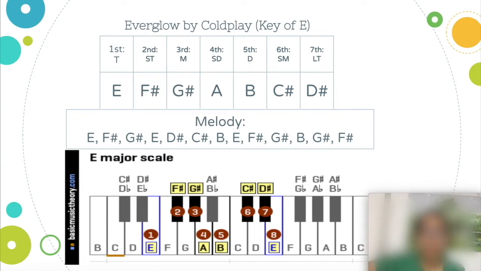And why is that? Because when I sang the melody, or when I used my piano to determine the pitches of the melody that I was singing, these are the pitches that I got: E, F sharp, G sharp, E, D sharp, C sharp, B, E, F sharp, G sharp, B, G sharp, F sharp, as you can see here in this video.